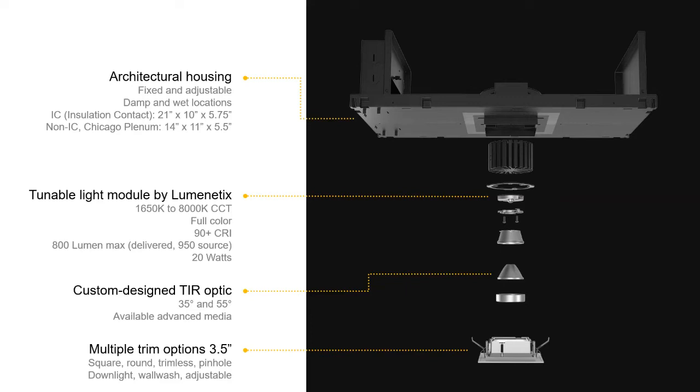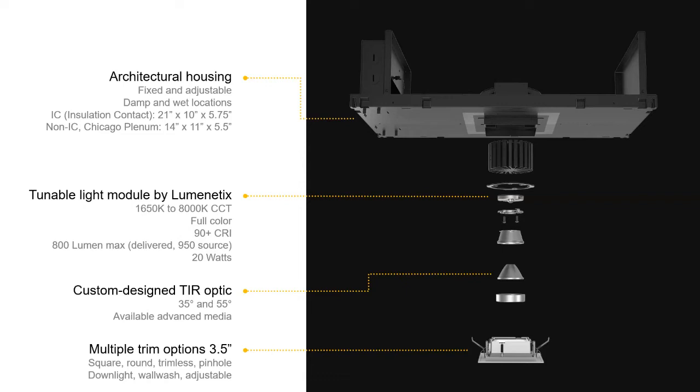Note that the insulated ceiling option has a 40% larger physical housing. Correlated color temperature range is 8,000 Kelvin down to 1650. Color rendering index is 95. Lumen output of 800 is good up to 12-foot ceiling height. Power draw is 20 watts.